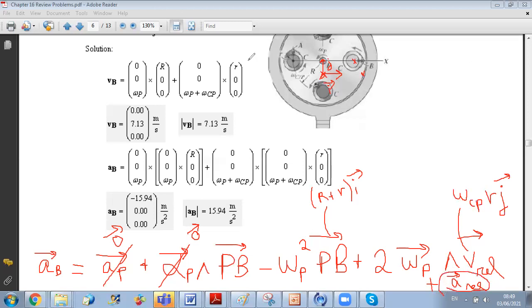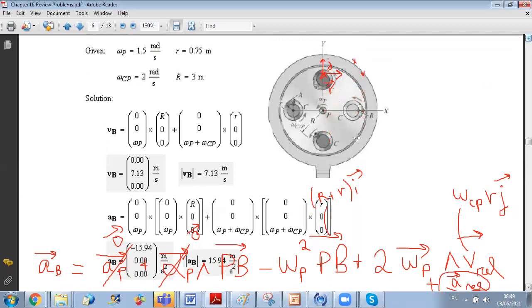To determine A relative, we should go back to our figure. So the relative motion of B with respect to the plate is what? It is rotation about this point. Right? This is why we said that relative velocity is perpendicular to the radius and V relative is equal in magnitude to omega CP, which is the relative angular velocity.